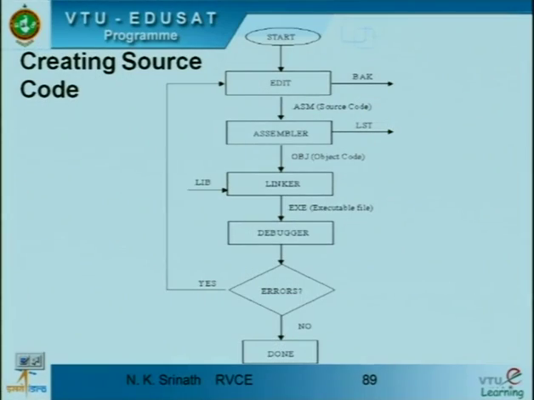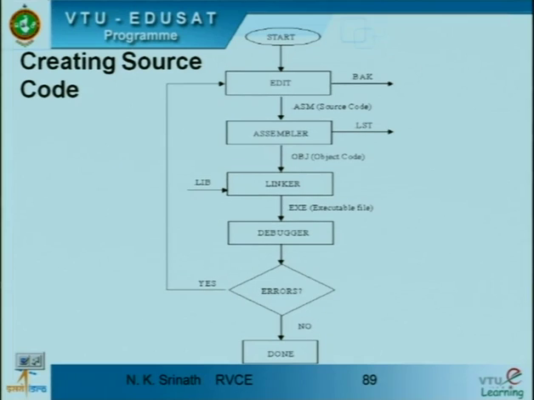The editor enables you to write ASCII code, so it has to be a pure text editor which does not have any special characters. The program name where you store this has to have an extension as .asm.